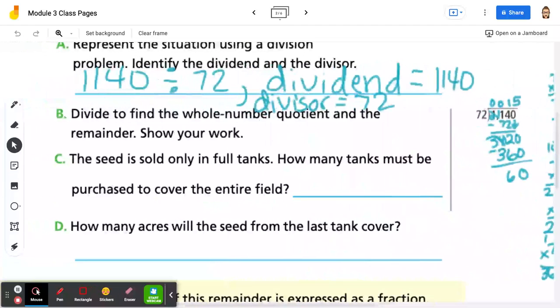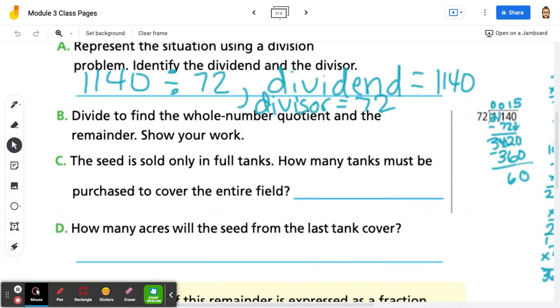Then it says, the seed is sold only in full tanks. How many tanks must be purchased to cover the entire field? Well, we need 15 full tanks, but we still have a remainder of 60.